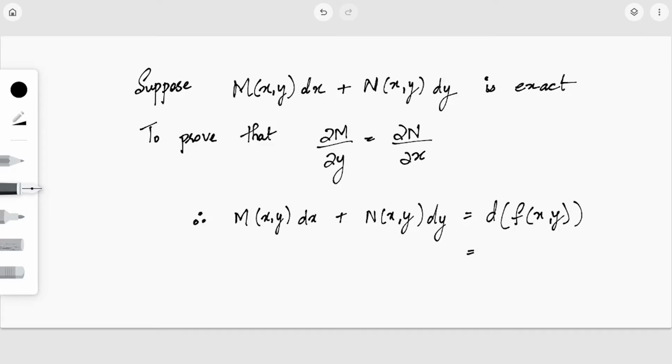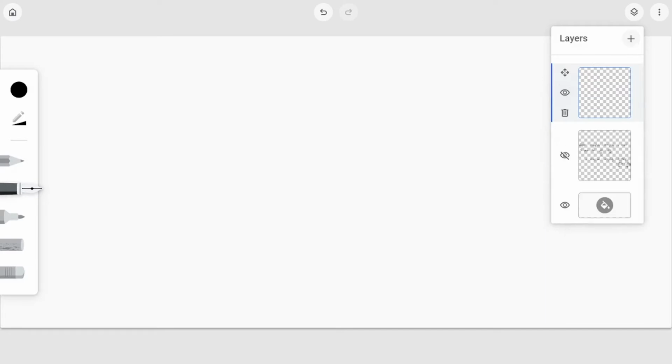This differential is nothing but ∂f/∂x into dx plus ∂f/∂y into dy.